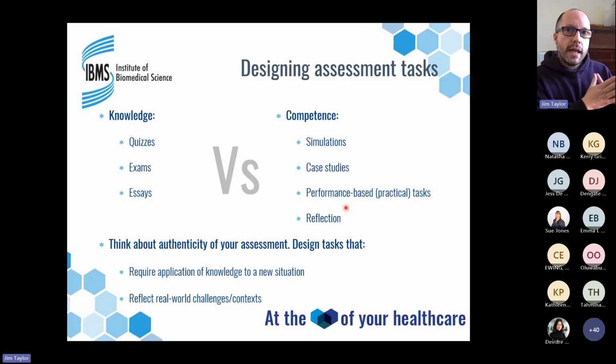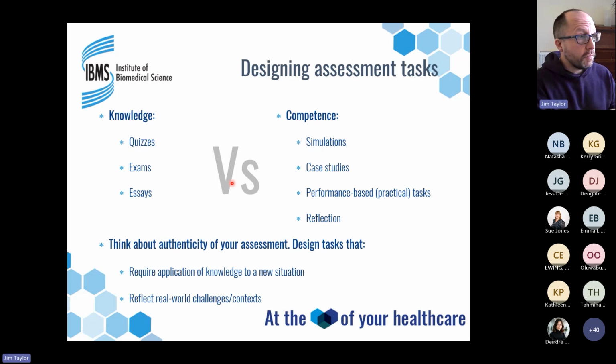First off is the idea that not all assessment types are good for different situations. So again, looking at the difference in the qualifications that we offer, they are broadly split down the lines of knowledge and competence.